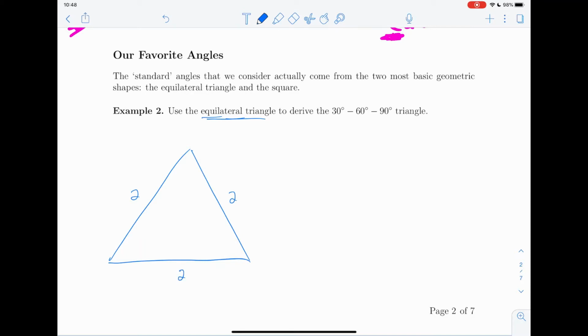Now, a fun fact from geometry is that if you have a triangle with equal side lengths, then the measures of their interior angles are necessarily all equal as well.